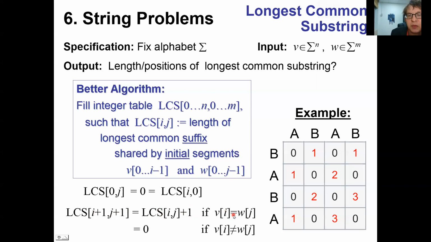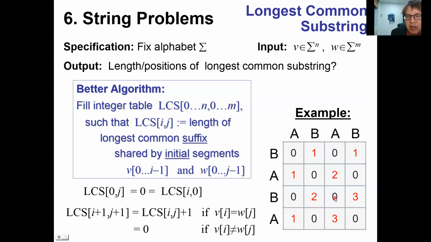Whereas if these two disagree, then we have no common suffix at all, right? Because common suffix means that in particular the last entry of that suffix must agree. But here, according to hypothesis, we're in the case where the two disagree, and therefore the next entry will actually be a 0.